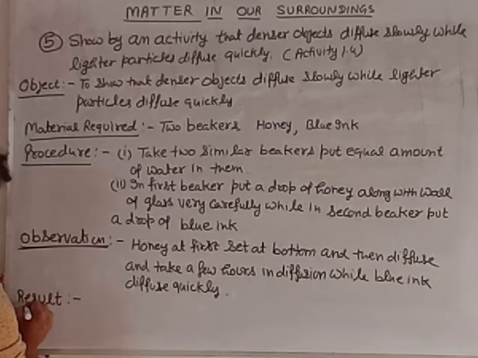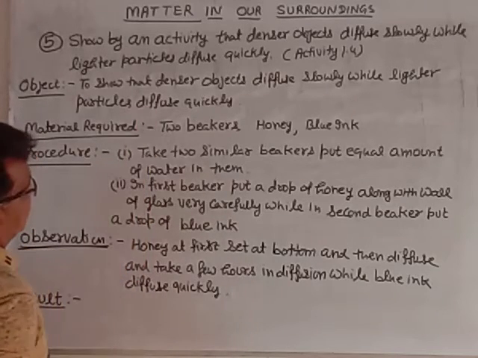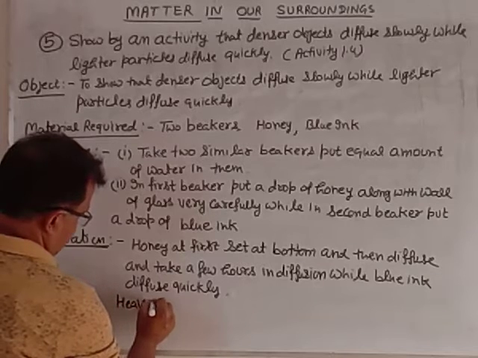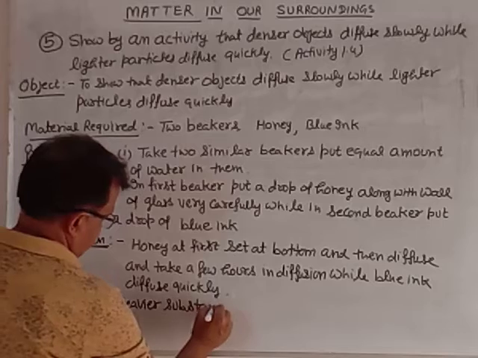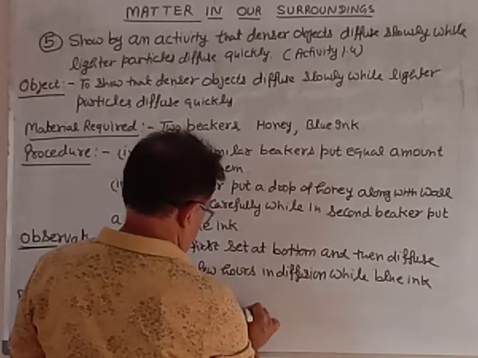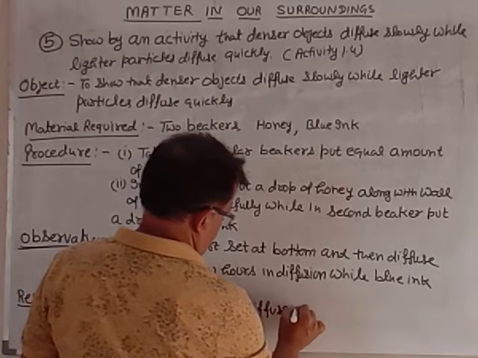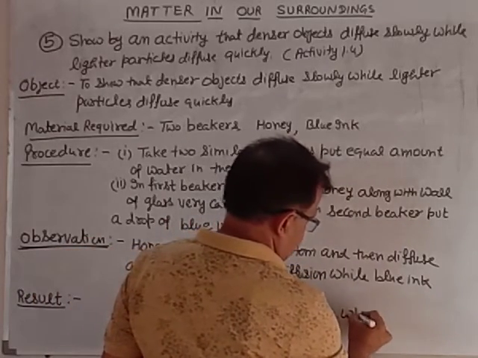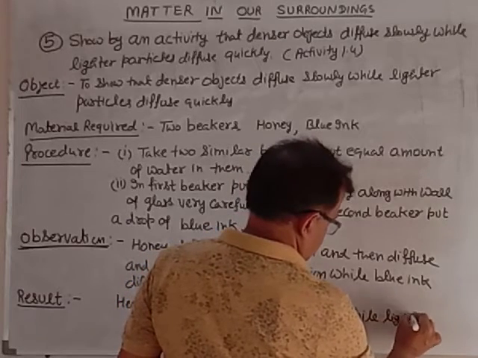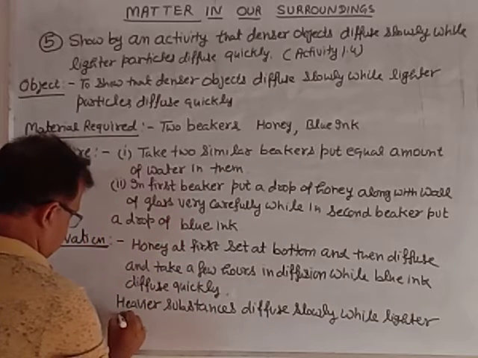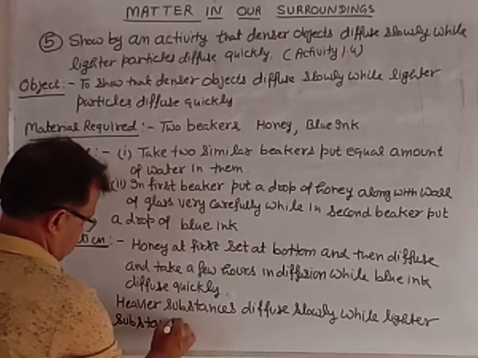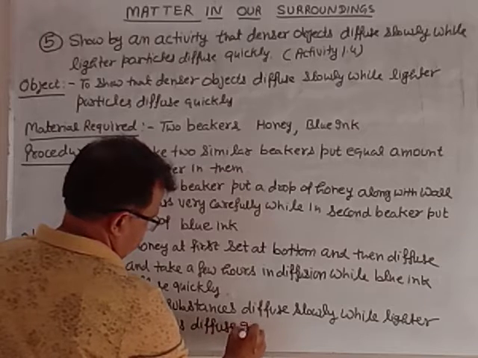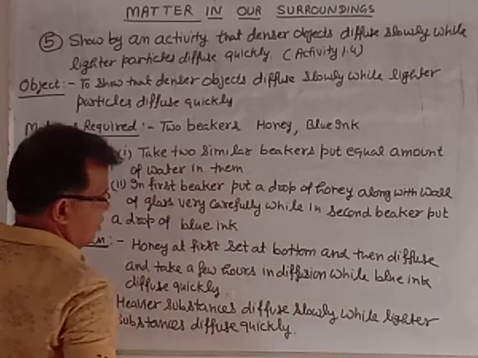Result. So we can say that denser or heavier substances diffuse slowly, as in the case of honey, while lighter substances or materials diffuse quickly, as was the case with ink.